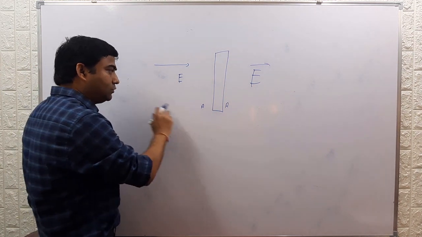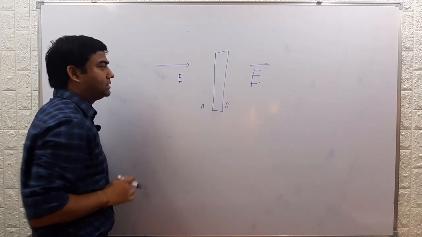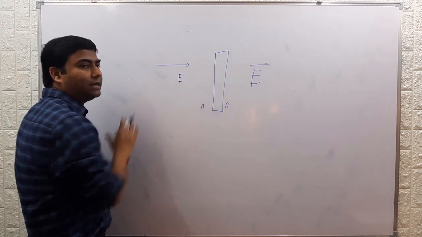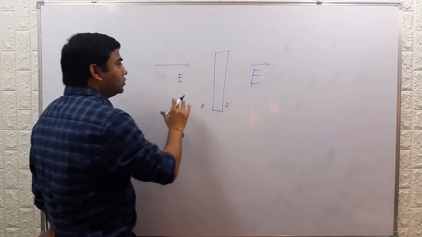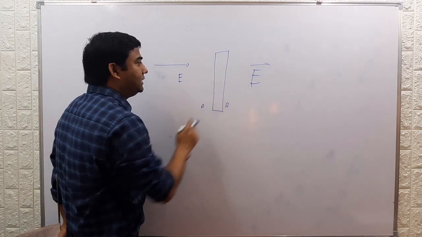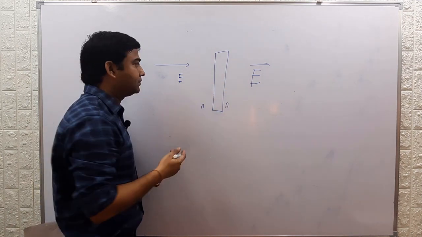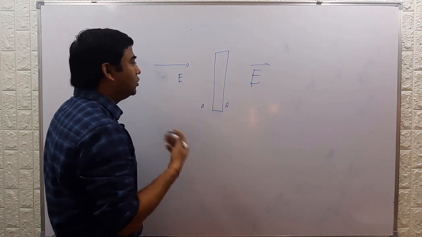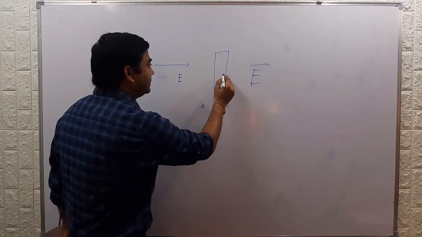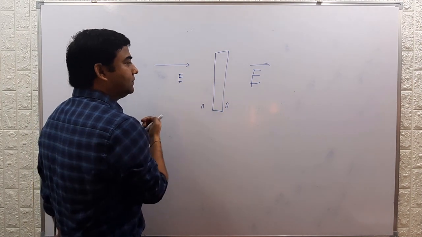Now we have to find what charge will appear on both these surfaces due to this external electric field. As we know, this is placed in the electric field, so these surfaces will have induced charge. By logic you can find that the induced charge will oppose this external electric field.